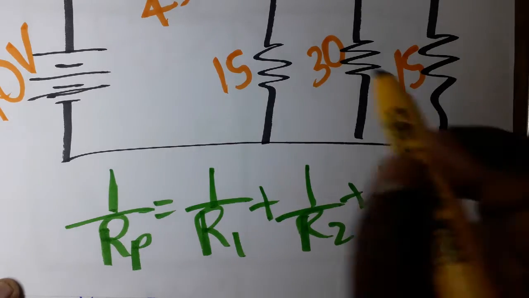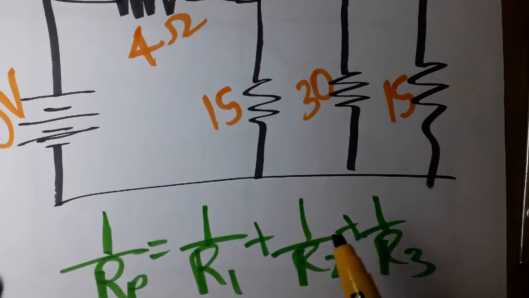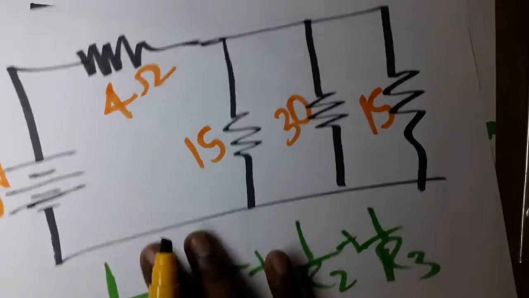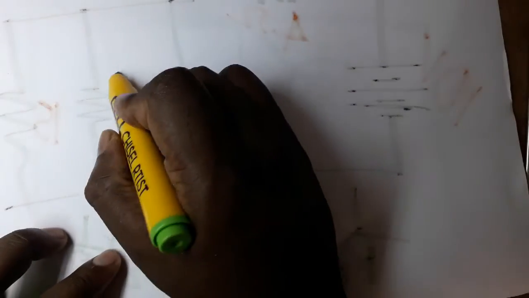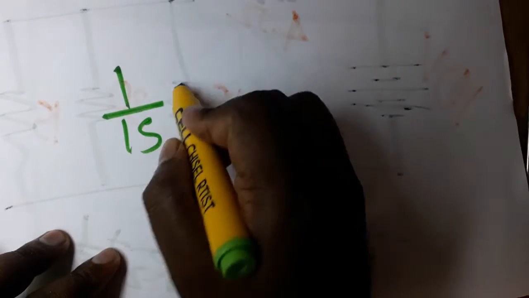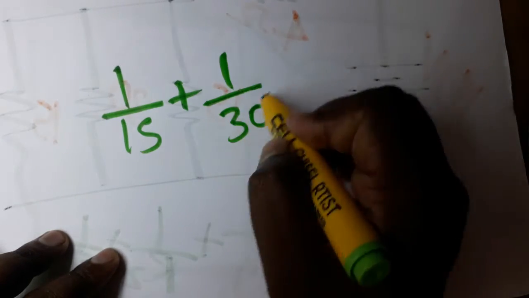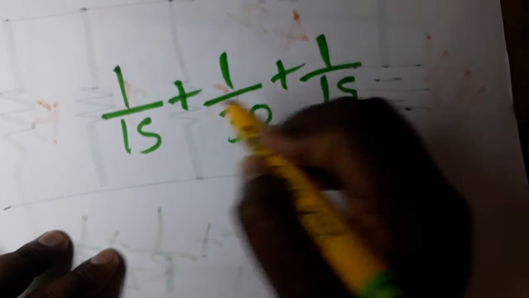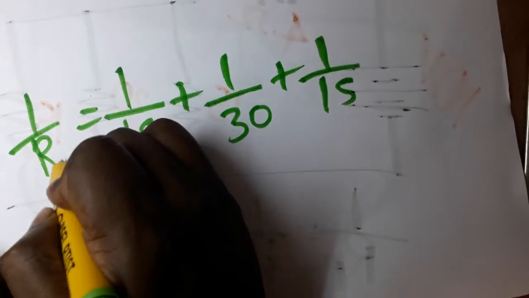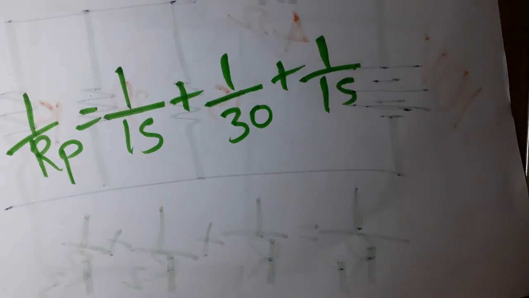These three resistances are in parallel. So it is 1 by 15 plus 1 by 30 plus 1 by 15 is equal to 1 divided by Rp, the total resistance for only those three resistances in parallel.